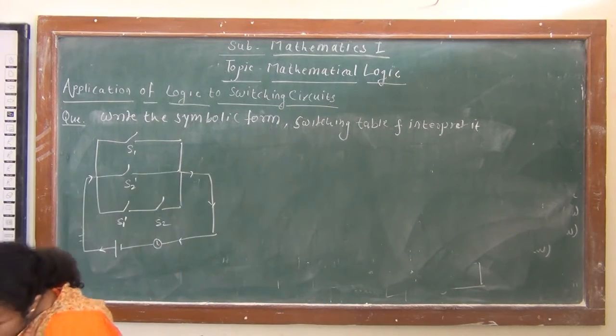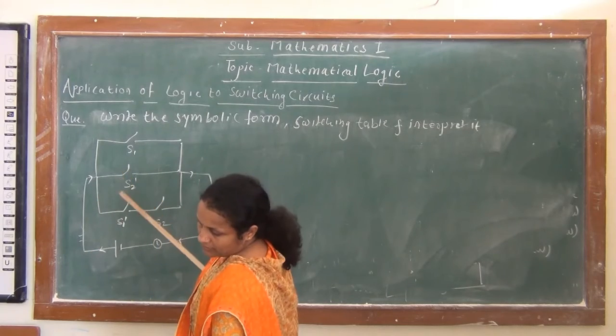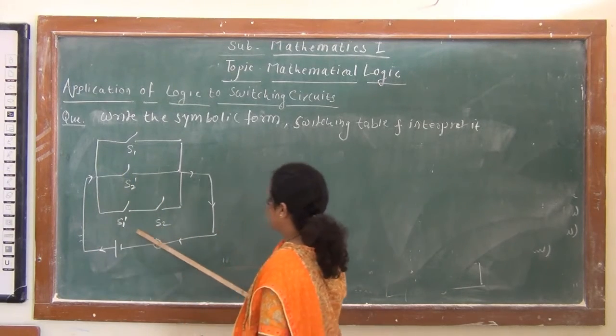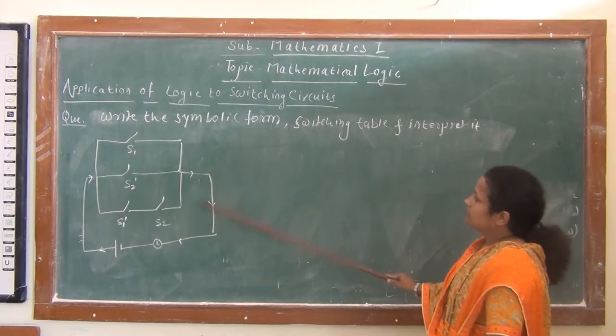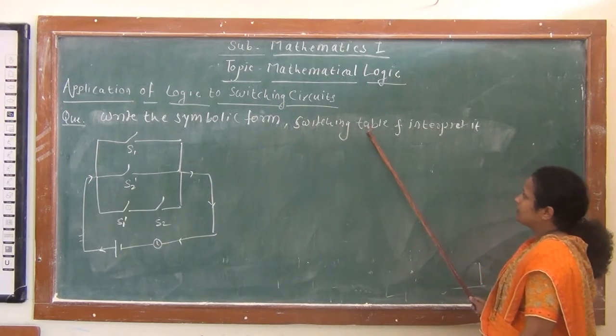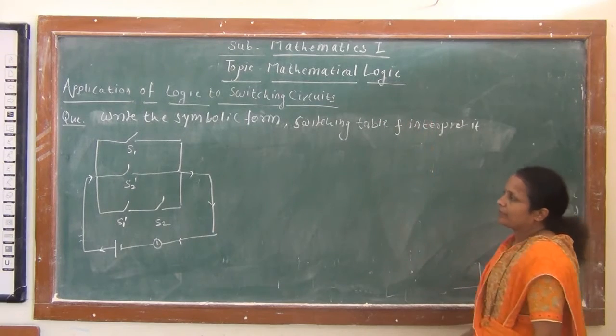First switch is S1, S2 dash, S1 dash, S2. We have to write this circuit in symbolic form, then we have to find its truth table, and then we have to interpret the result.